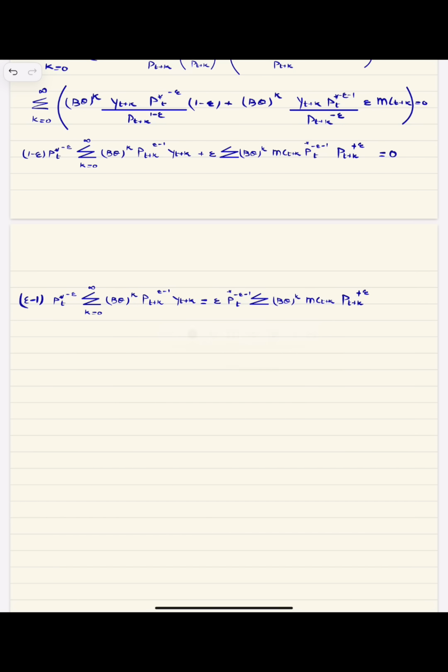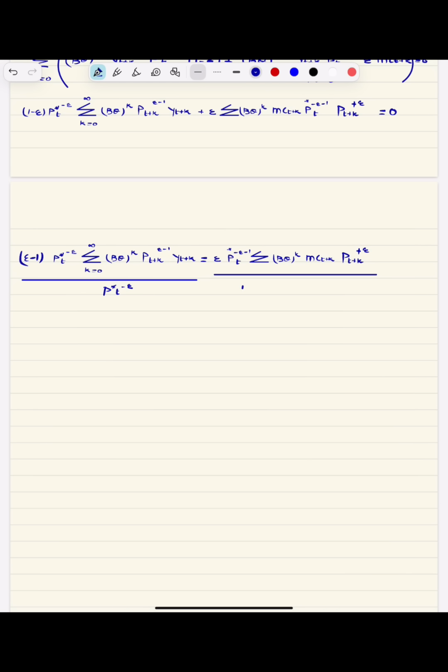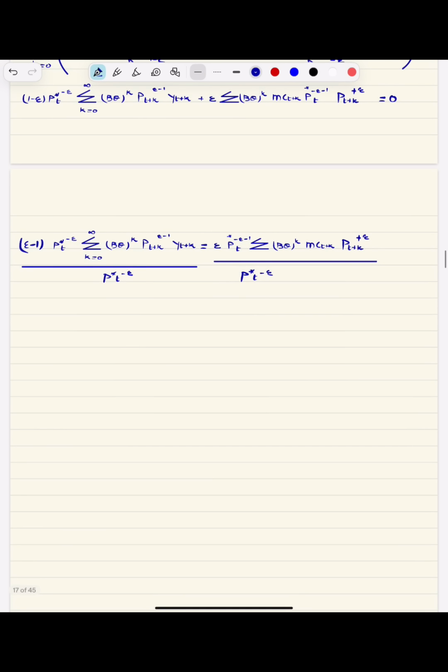And now you can divide through by p star t power minus e. I'll have a p star t minus e. So therefore on the left hand side you'll get this expression.